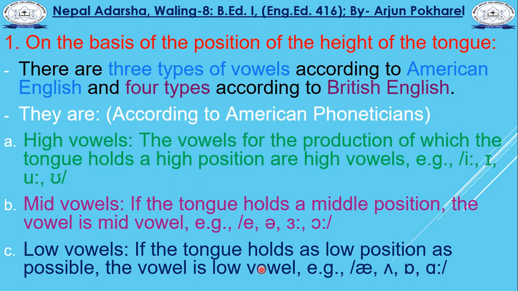And these low vowels in English are what? You can produce the sounds and feel where your tongue is. While producing a sound, your tongue is as low as possible. While producing this short o sound, your tongue is as low as possible.